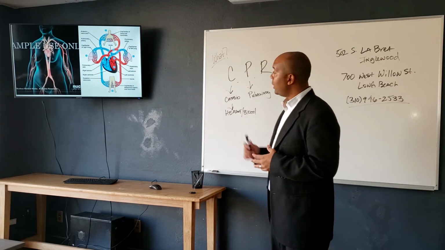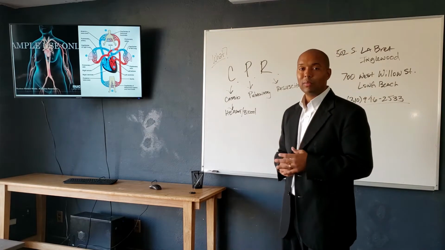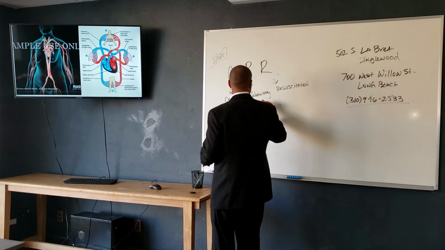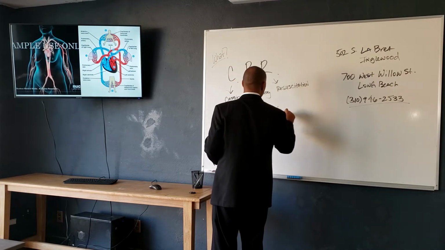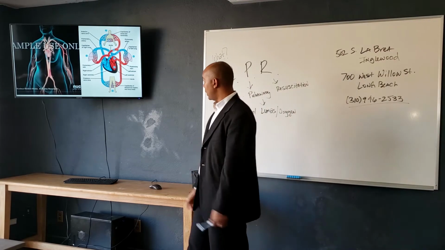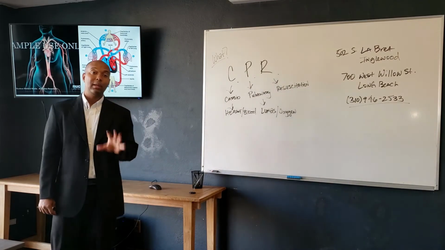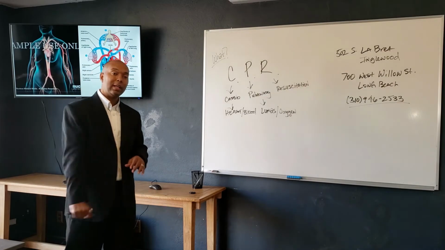Now the P, pulmonary, working very closely with the heart. It is talking about the lungs, which obviously deal with oxygen. It's common sense. We actually have a really good video in the online training that explains completely the cardiovascular system and how it relates to the lungs.